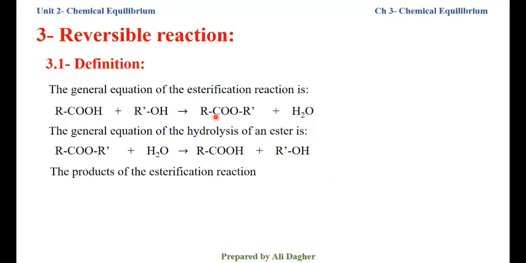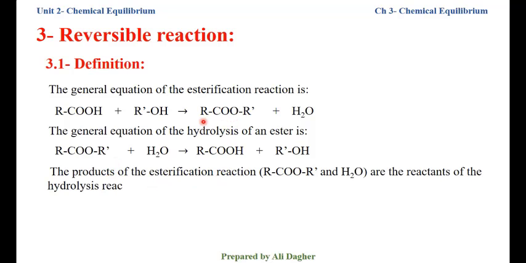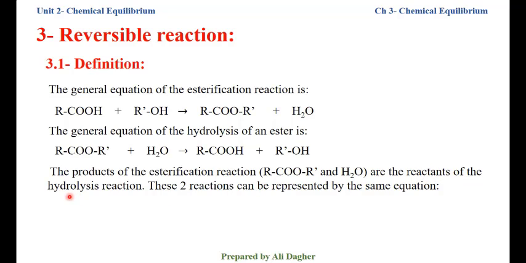What do we conclude? The products of the esterification reaction, which are the ester and water, are the reactants of the hydrolysis reaction. These two reactions can be represented by the same equation: RCOOH plus R'OH give RCOOR' plus H2O, and in the other direction, RCOOR' plus H2O give R'OH plus RCOOH.